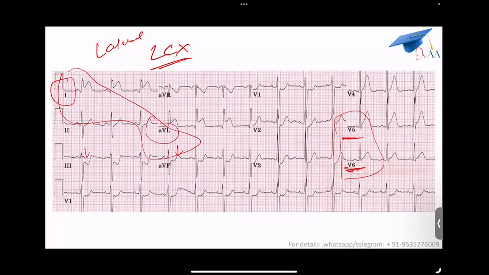Dr. Amin? Yes, please. If there is inferior MI, ST elevation in leads 2, 3, aVF, as well as a right ventricular ST elevation, V4 ST elevation, and there are two stems in the exam, which one will we select? What are the two options? Suppose inferior MI and right ventricular MI, both are in the options.